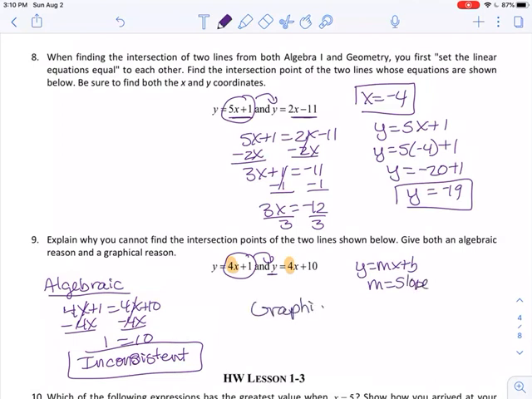So basically, this is my graphical reason. Both lines have the same slope of 4. If we remember, lines that have the same slope are parallel. If they're parallel, then they're obviously never going to intersect. So both lines have the same slope, m equals 4, but different y-intercepts.